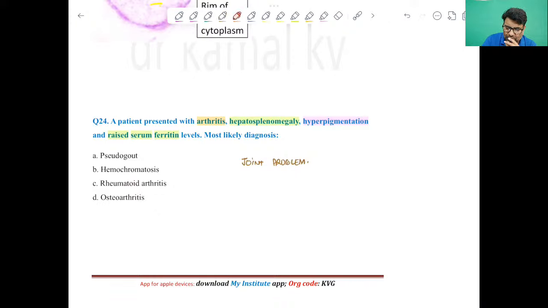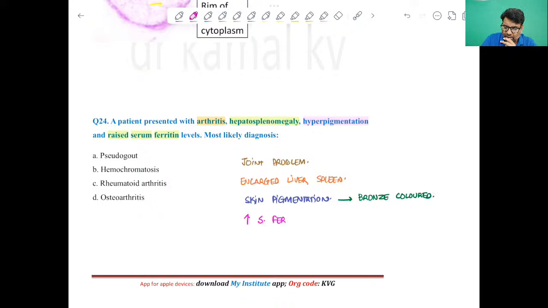There is enlargement of liver, spleen, okay. Then skin pigmentation, right? And if you look at the skin here, it is bronze in color. Clear? So it is bronze colored, and then there is raised serum ferritin.